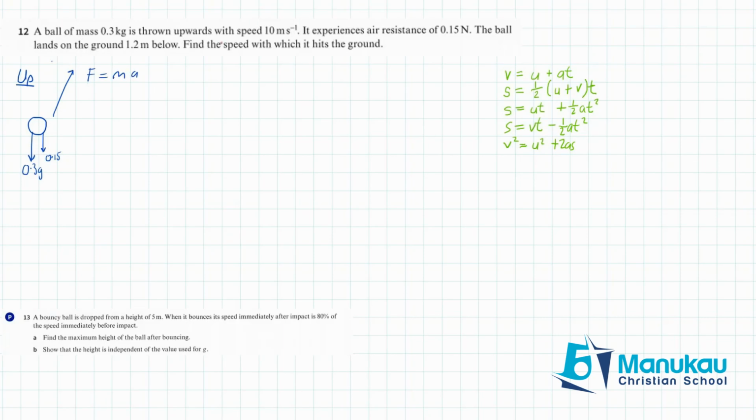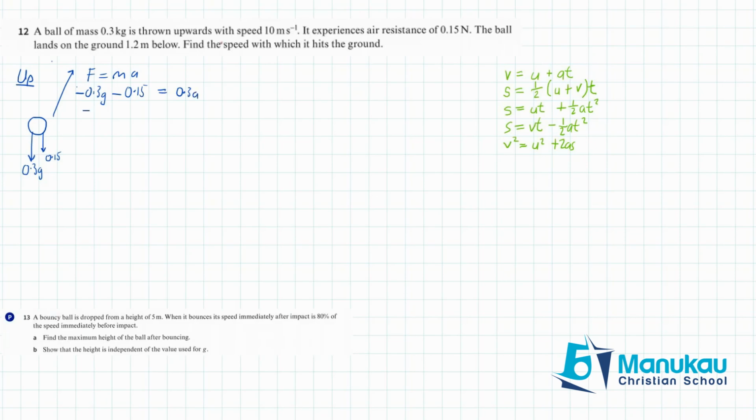So we look at all of our forces, and since we're going to say the positive direction is up, we're going to have a negative 0.3 g, and then we're also going to have a negative 0.15 because the air resistance is opposing the motion up. And that's going to be equal to the mass of our object times its acceleration.